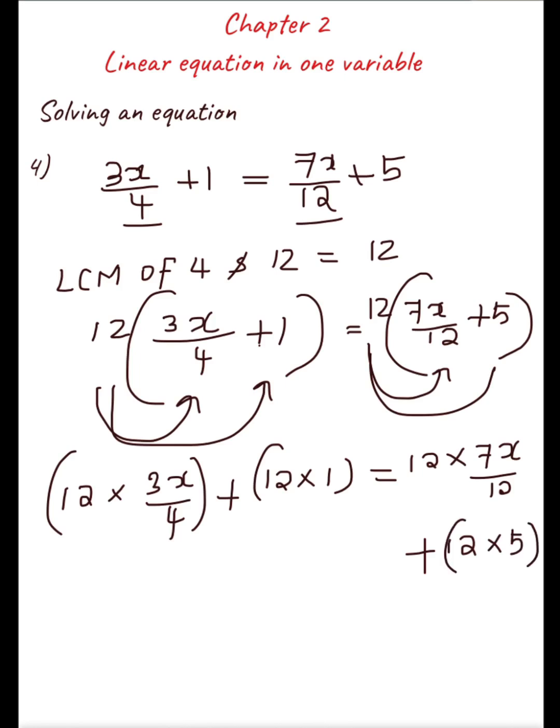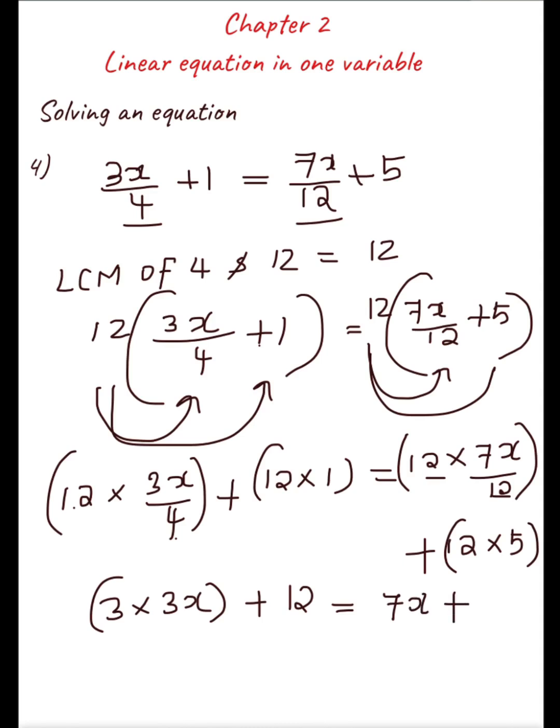Now if you divide 12 by 4, it will be 3, so 3 into 3x, plus 12 equals, if you divide 12 by 12, it is 1, so only 7x will be there, plus what is 12 into 5? It's 60. So our equation turns into this.